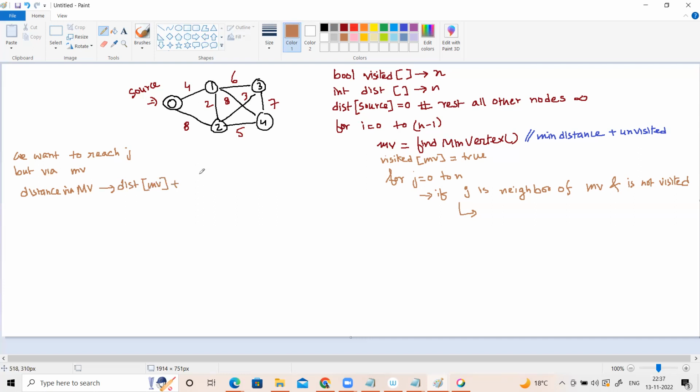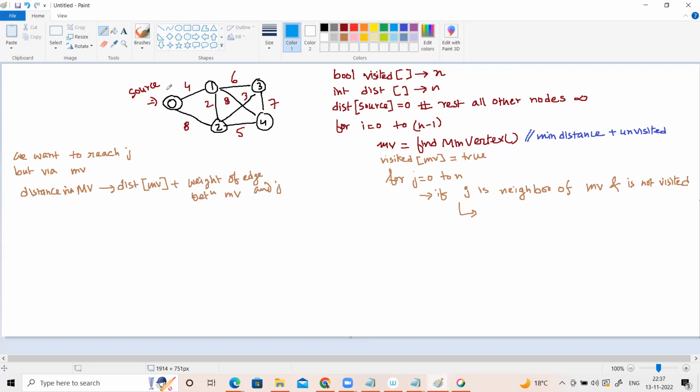Plus we need to add the distance, or we can say the weight of the edge, this edge, right? The weight of the edge between mean vertex, that is MV, and j. Say for example, mean vertex initially is 0.